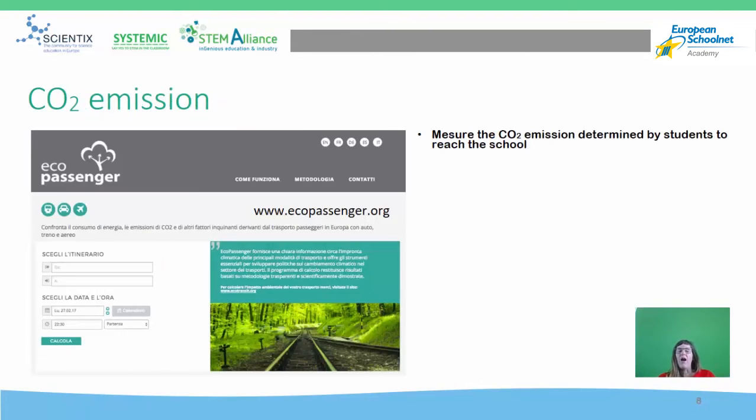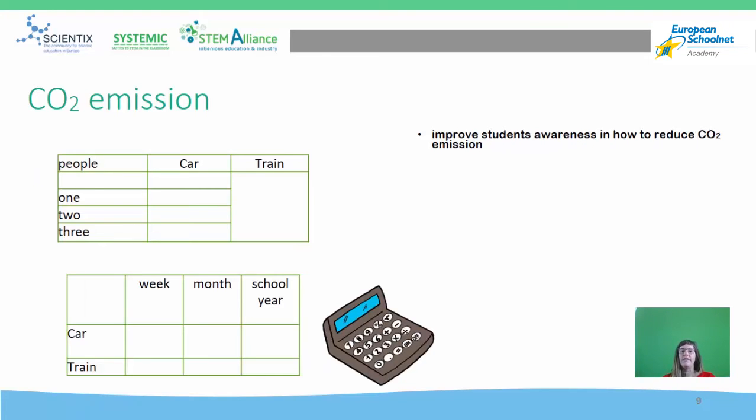For example, I realized with my students a simple citizen science experiment in which they have to measure the carbon dioxide emissions they make each morning to arrive at school and calculate this over the whole year.